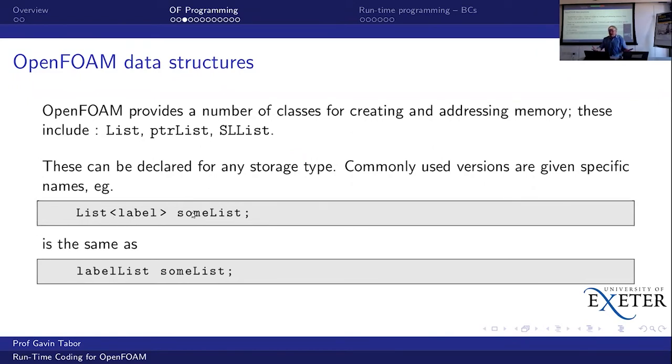So that's declared a variable sum list, which is a list of labels, which might be, I don't know, boundary conditions or boundary patch names or something like that. We do this so often, but actually often this declaration here, list of labels, is in fact alias to label list. So if you see something called thing list, it's a list of things.